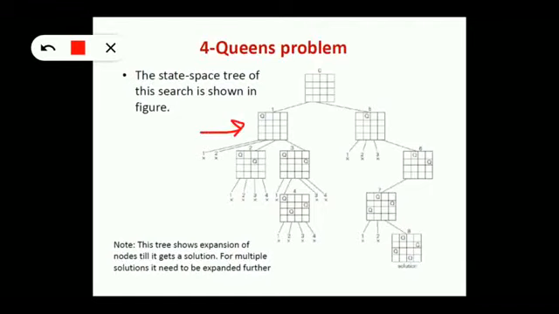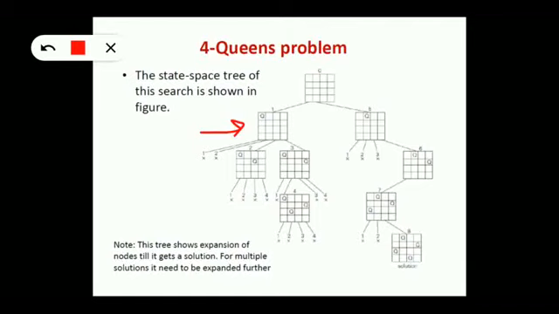Then we try to place queen 2, after trying unsuccessfully column 1 and column 2, in the first acceptable position, which is square 2 comma 3.